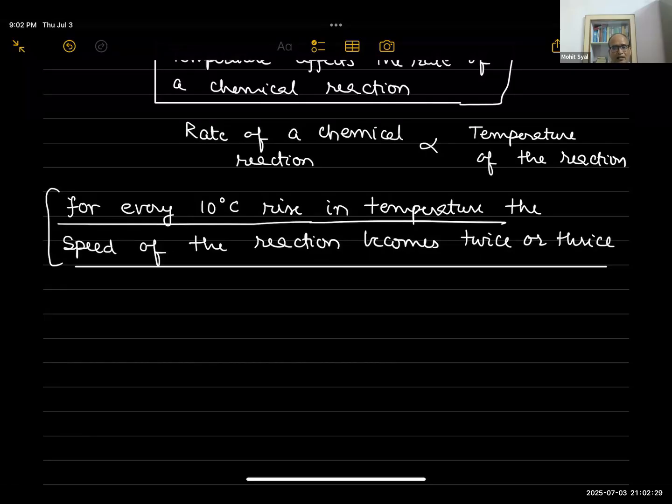So why actually is the rate increasing with temperature? What is the factor in the rate law which increases with temperature? Tell me.